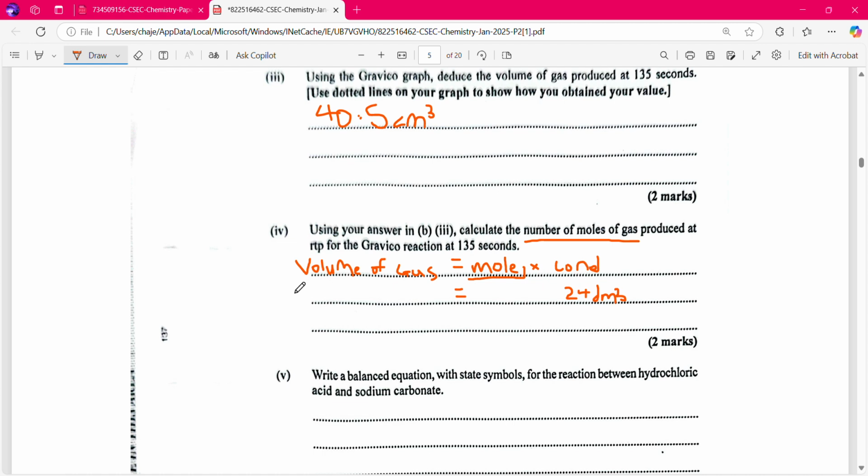Okay. So you can do it this way, or you can choose to convert the RTP into centimeters cube. It would give you the same answer. So you said divide this by 1,000. Let me just put that in.